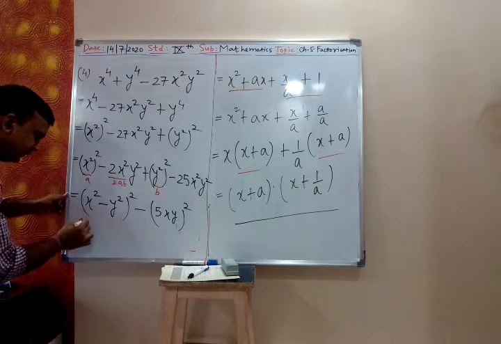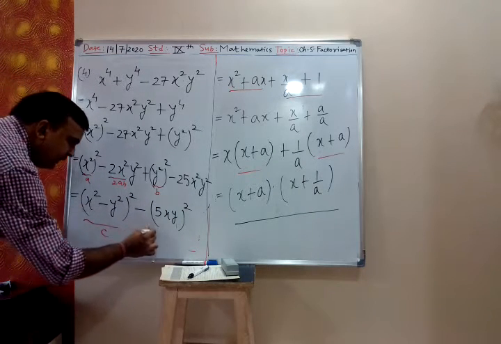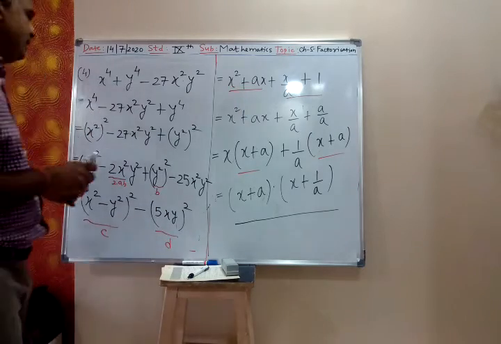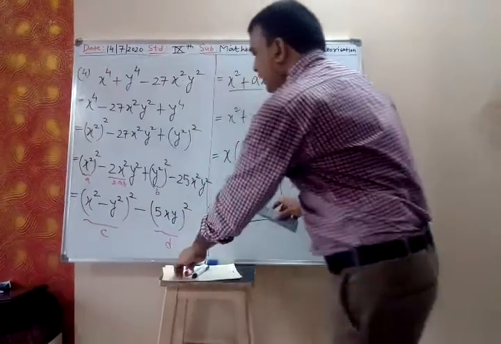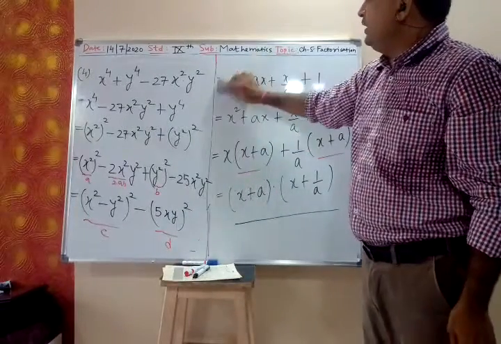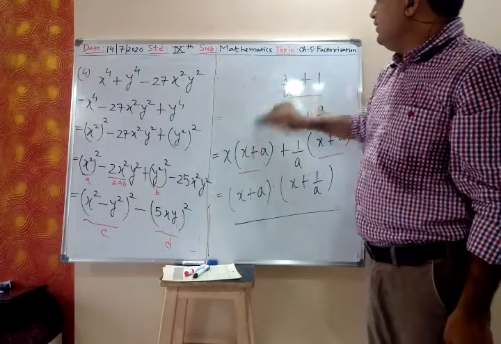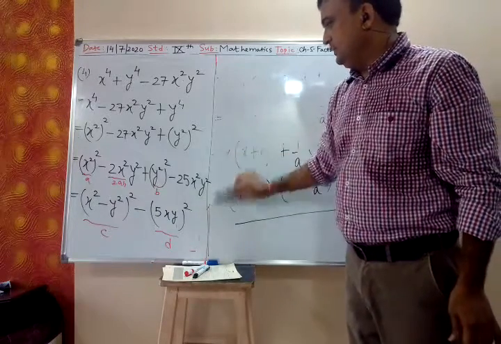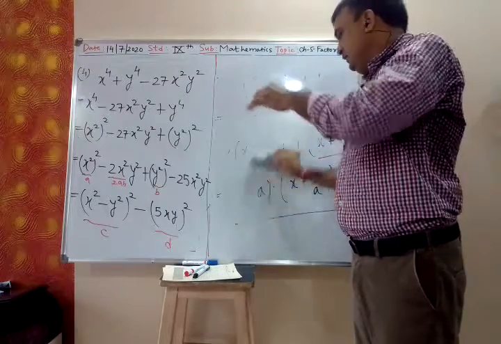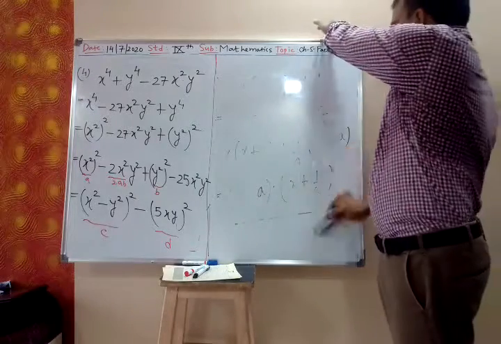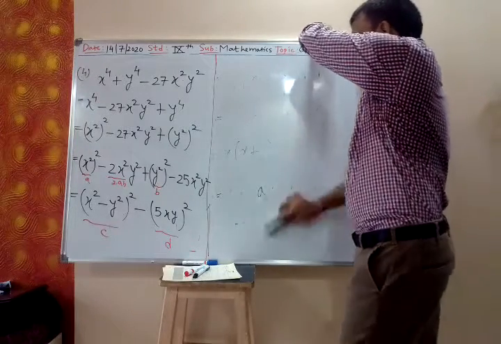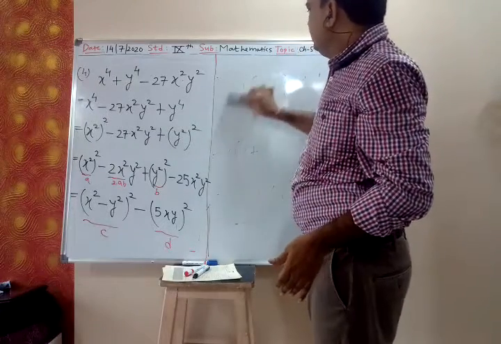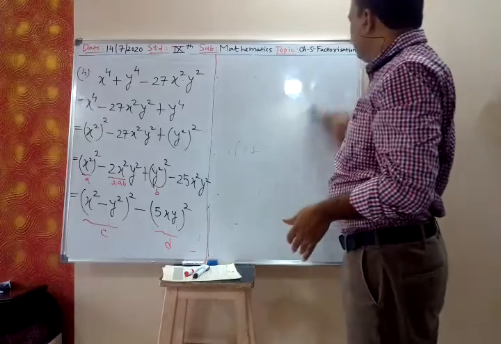Again, this is my c, and this is my d. So c square minus d square. What is c square minus d square? c plus d into c minus d. I have just taken the different variables c and d.